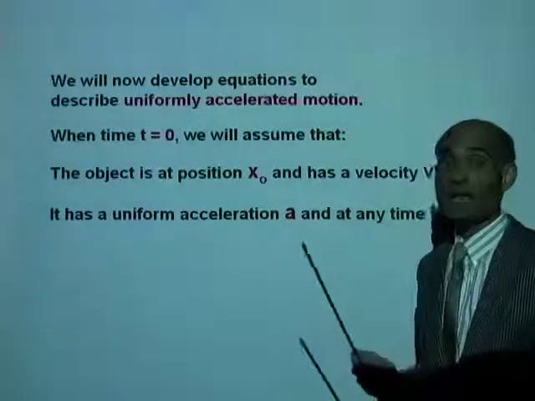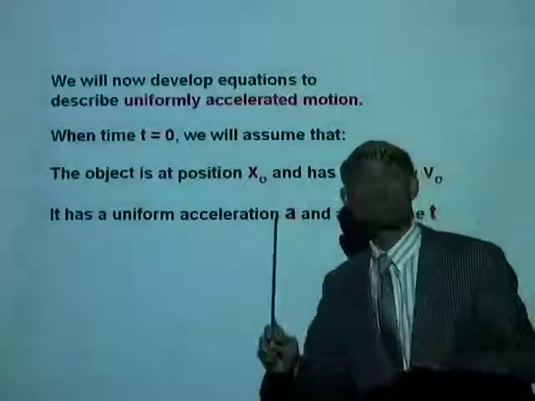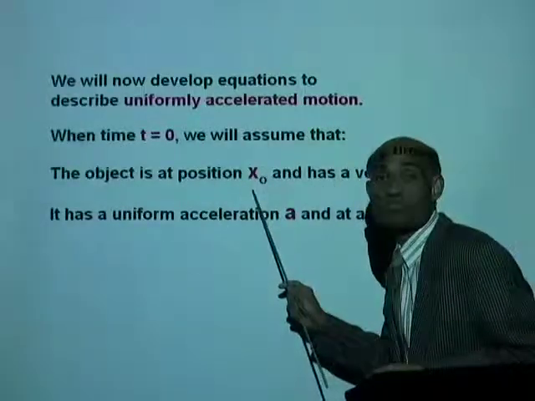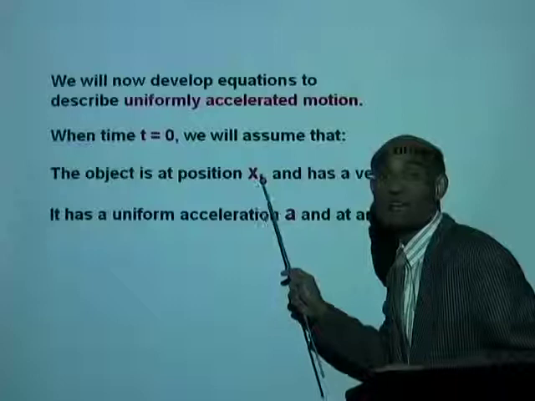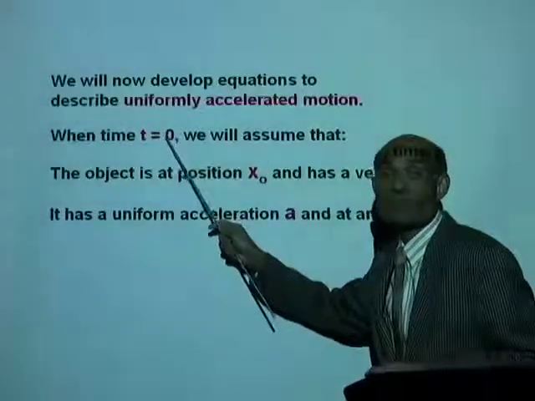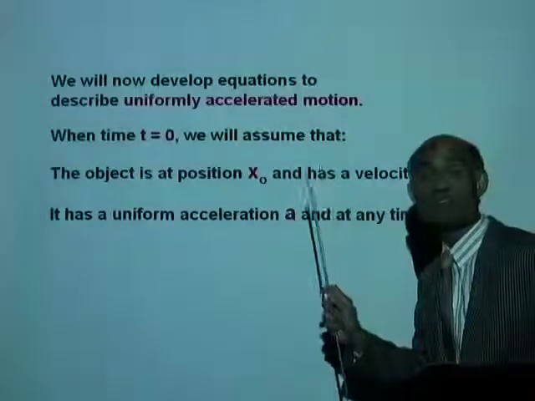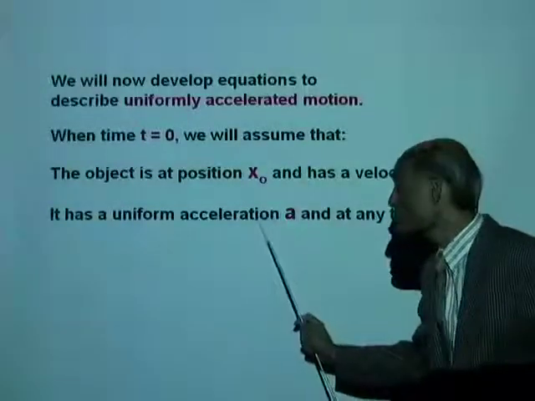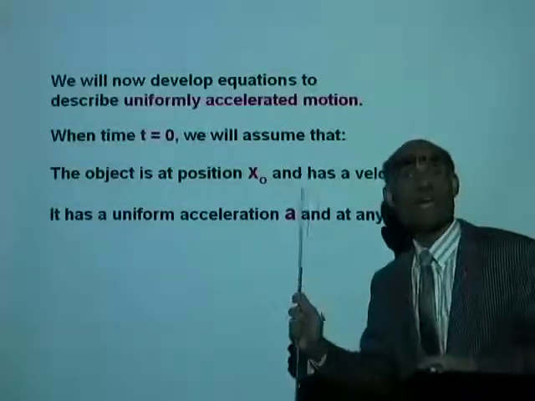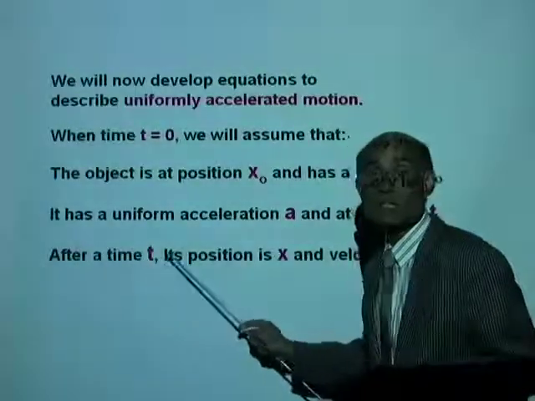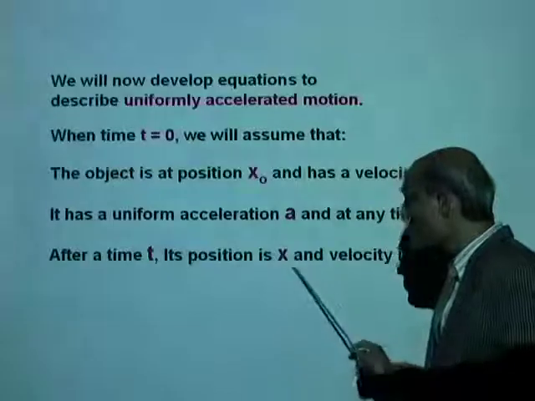So once again, we're going to look at a particle moving which is at the position x equal to x0 when t equal to 0, and at that time it has the velocity v0 and has a uniform acceleration a. After a time t, the position is x.